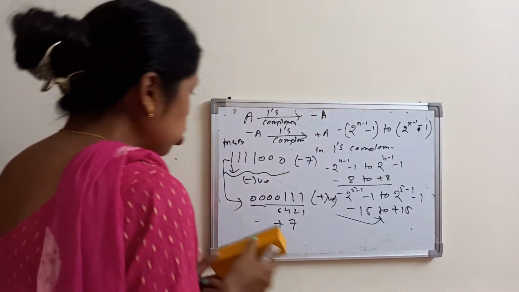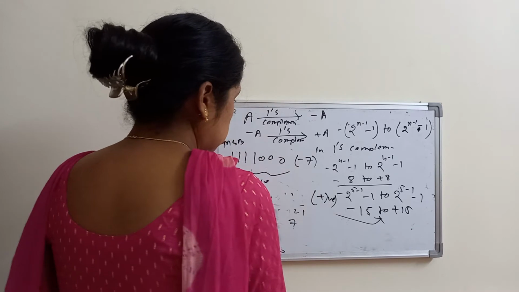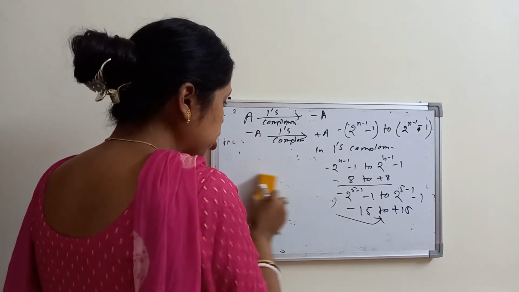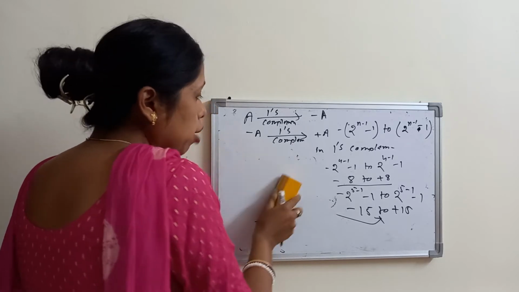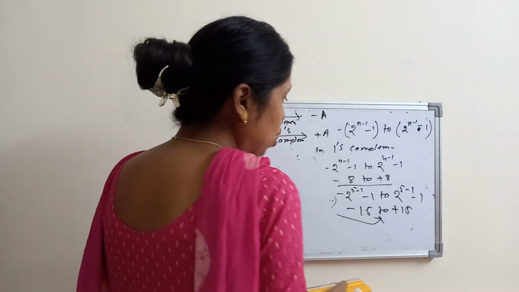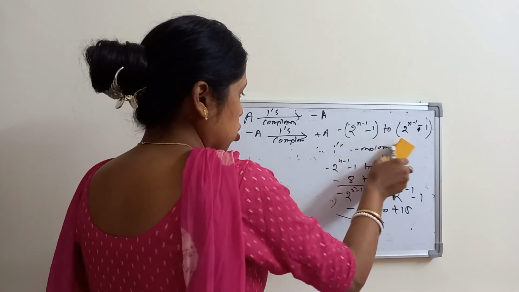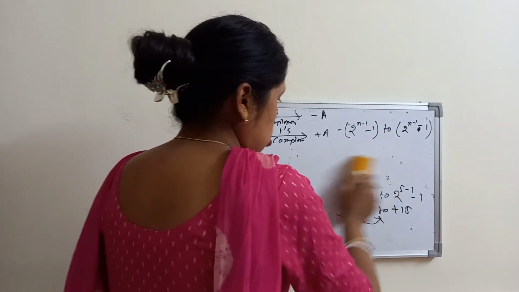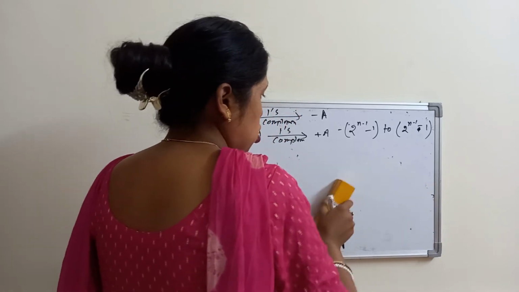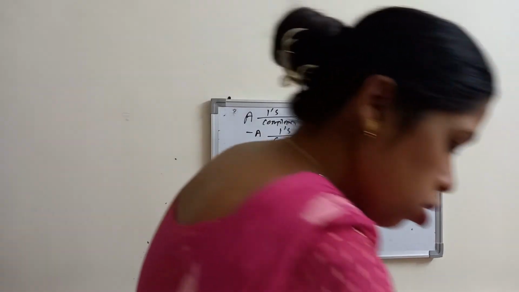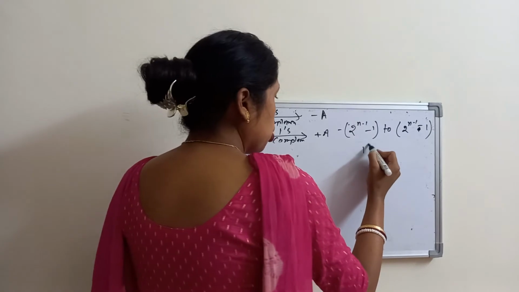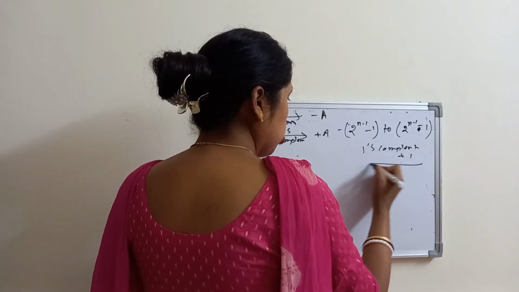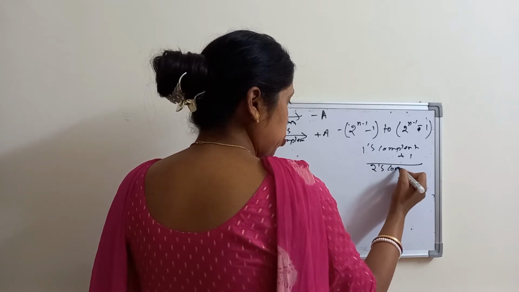Now come to the 2's complement format. The procedure is the same. After getting the first complement, I have to add plus 1. The first complement number plus 1 gives the 2's complement number.